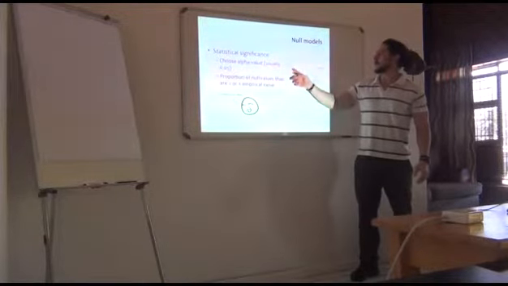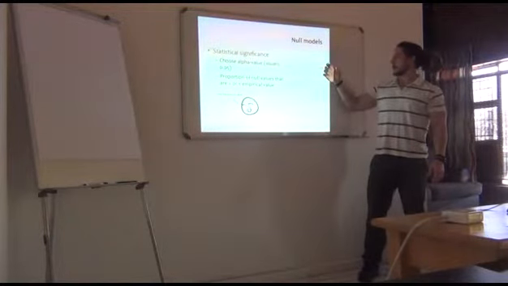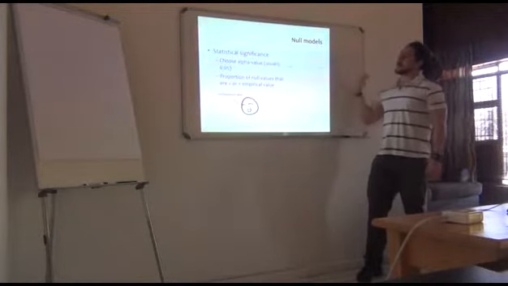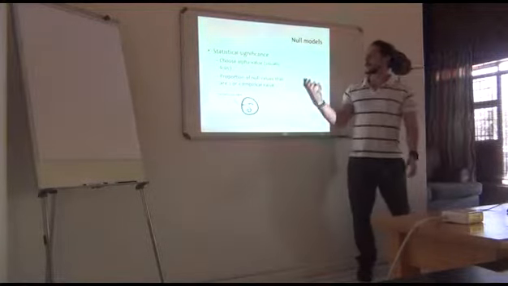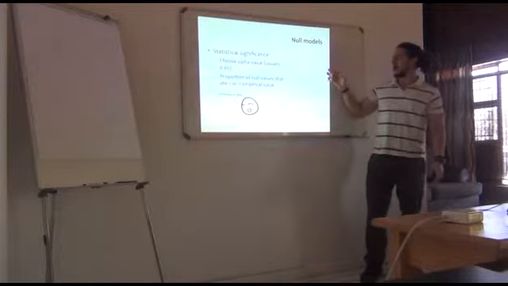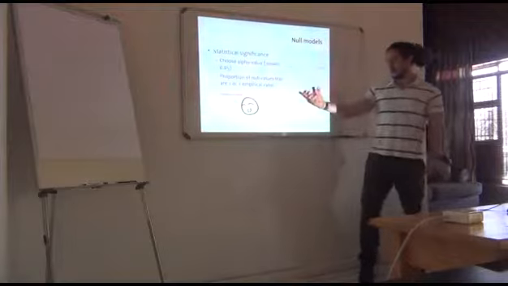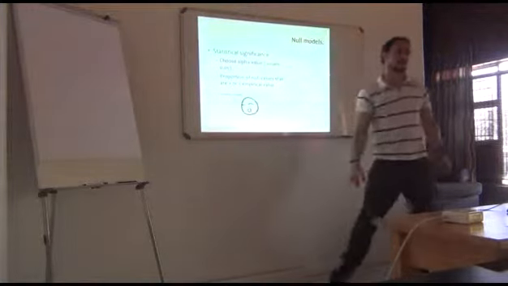So we have 2.5% on one side, 97.5% on the other side, and then we look at the proportion of null values that are greater or smaller than the empirical value, and that's our famous p-value.